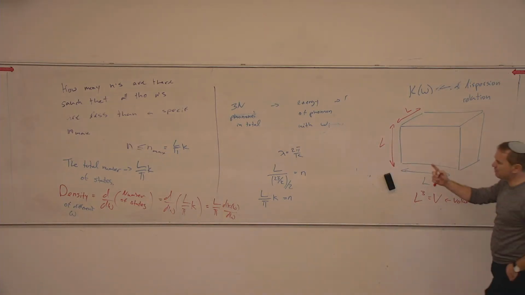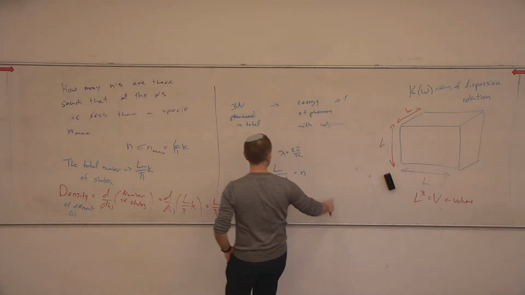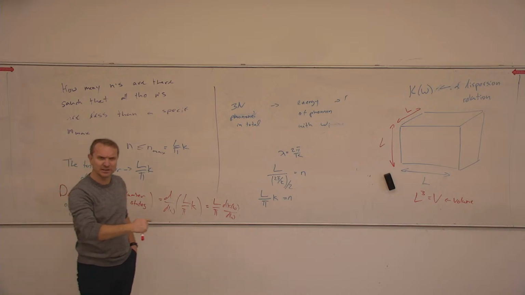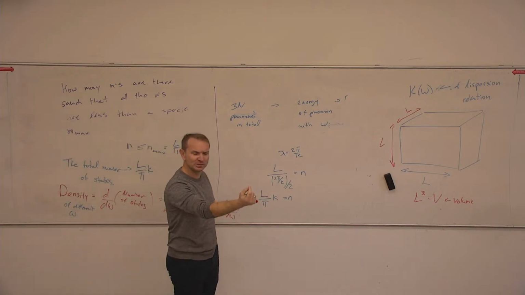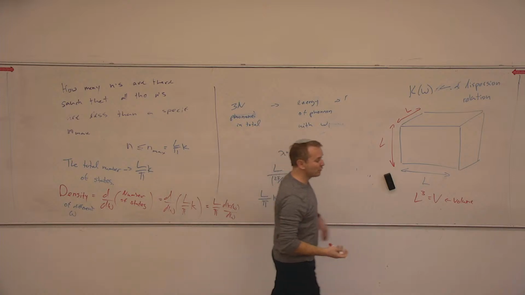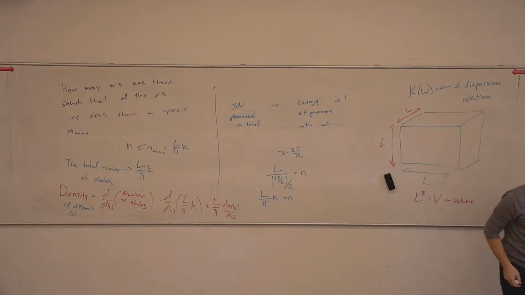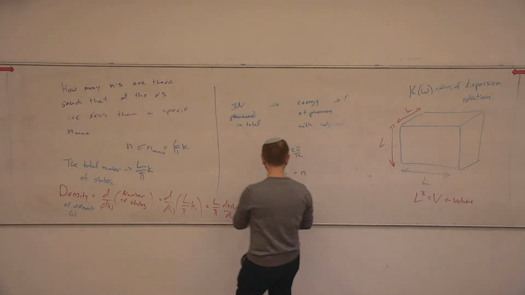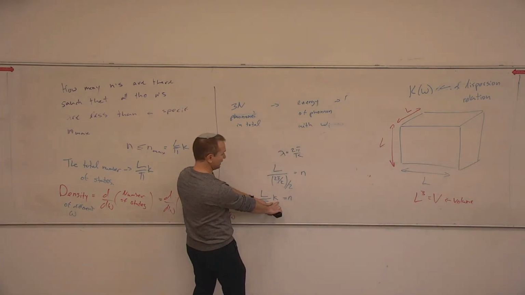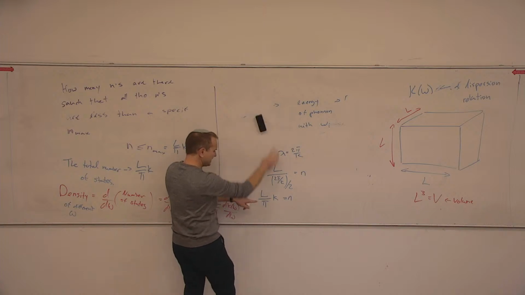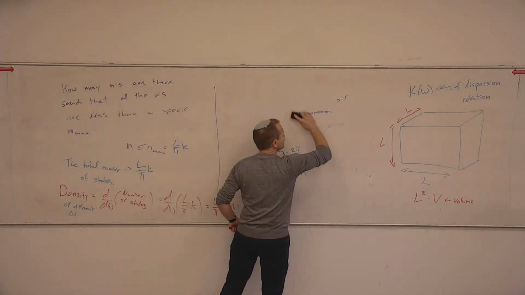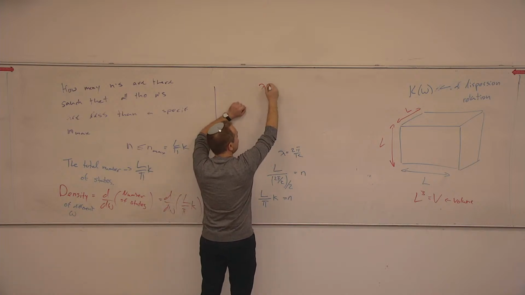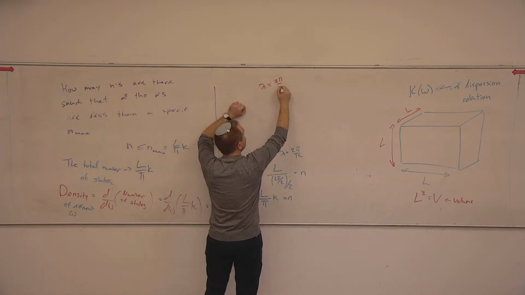Now I repeat myself with this idea. Let's count the number of standing waves not in a one-dimensional material, but inside a three-dimensional material. Looking at this, I'm saying, oh, this is actually only for one dimension. Let's rewrite our argument again. So lambda equals 2π divided by k.